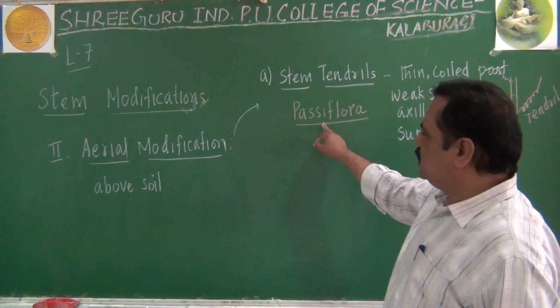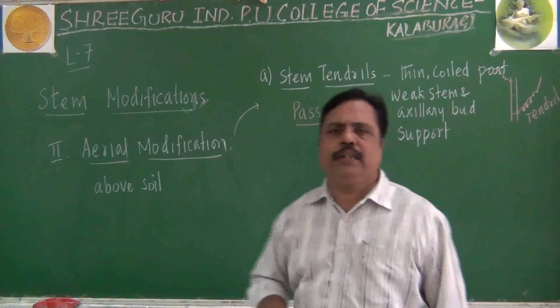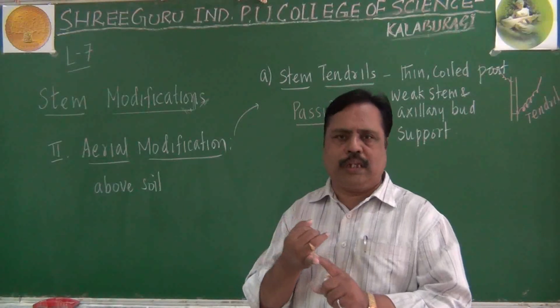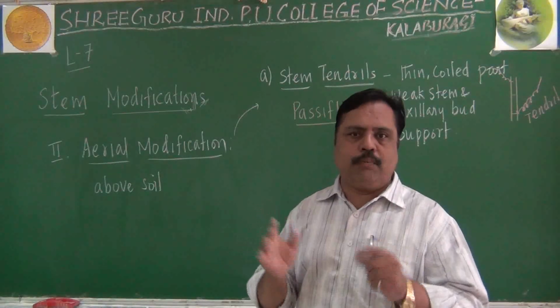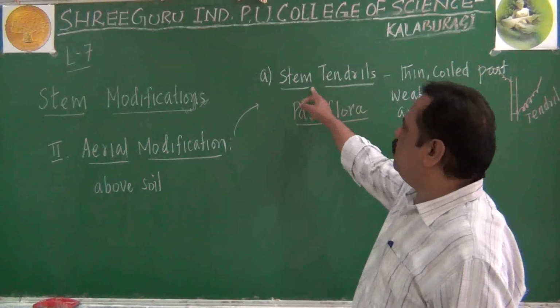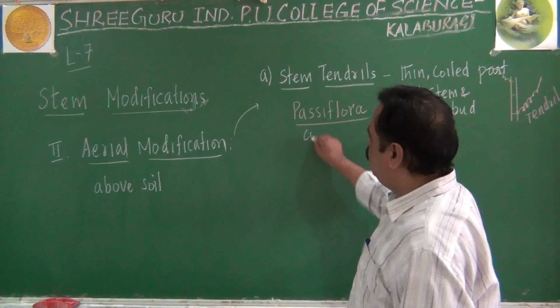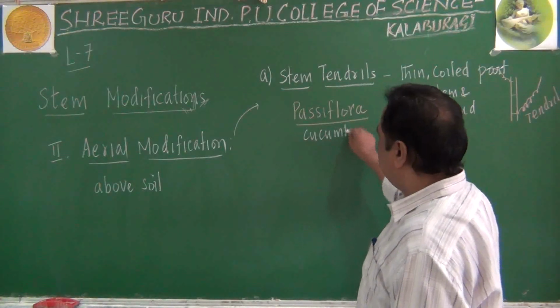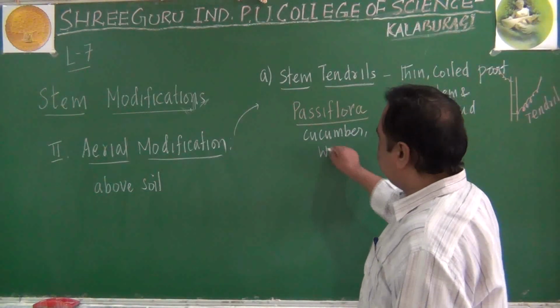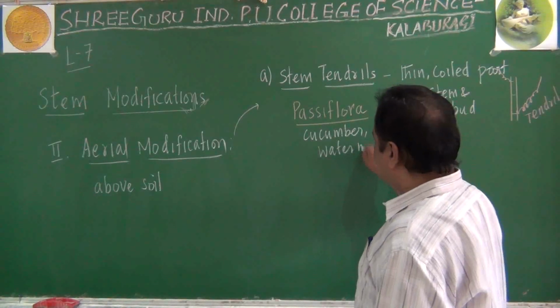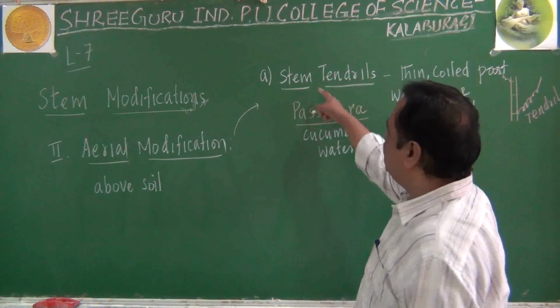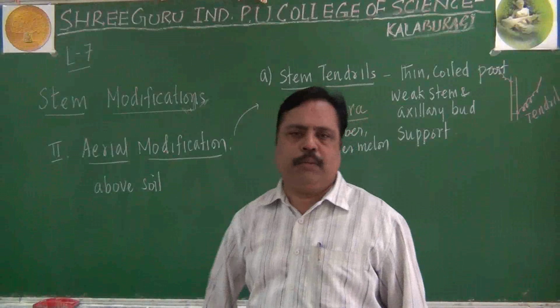Not only in Passiflora, even in weak stemmed plants like cucumber, pumpkin, watermelon, there also you can come across a stem tendril, remember. So Passiflora, cucumber is also an example for this. Watermelon is an example for this type of condition. Okay, they are all stem tendrils, remember.